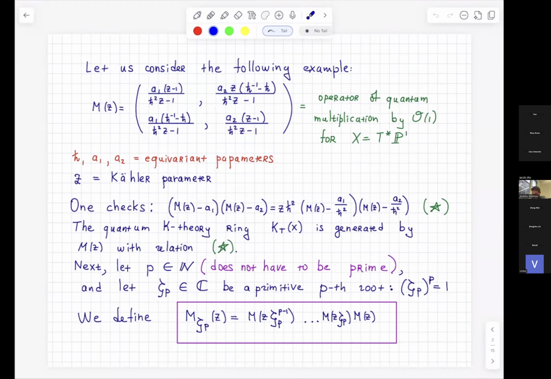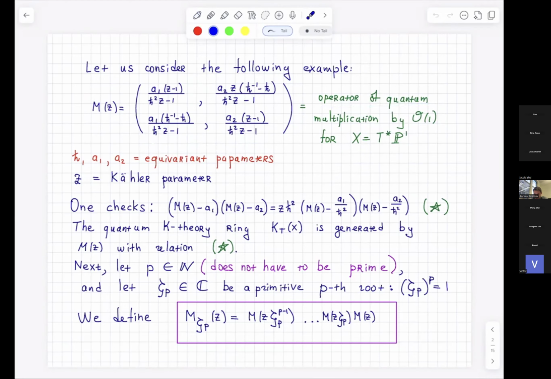Secretly, this matrix is an operator of quantum multiplication by the line bundle O(1) on the Nakajima variety given by the cotangent bundle over projective space. This matrix is a quantum multiplication by O(1) in a certain basis in the K theory of X, namely, I guess it's written in the so-called stable basis. Doesn't really matter what it is.